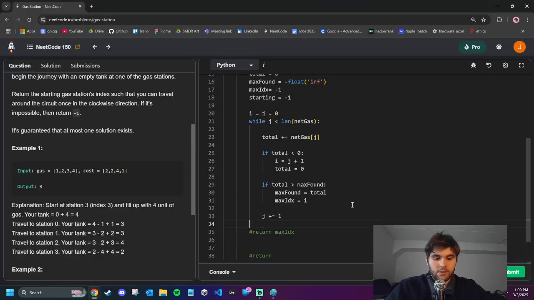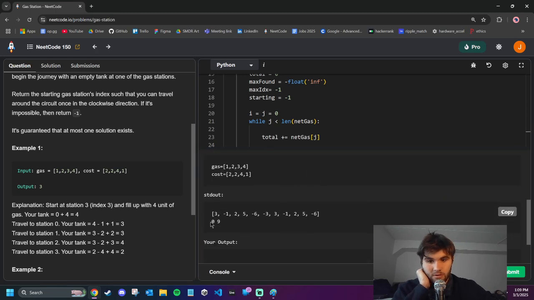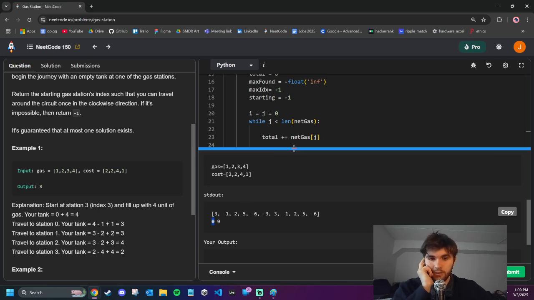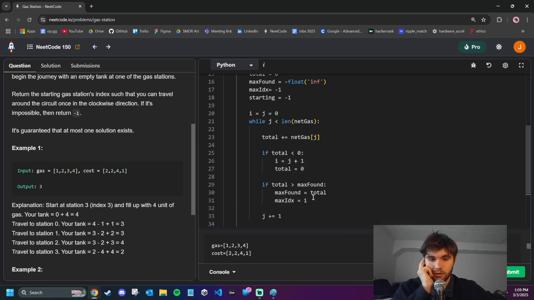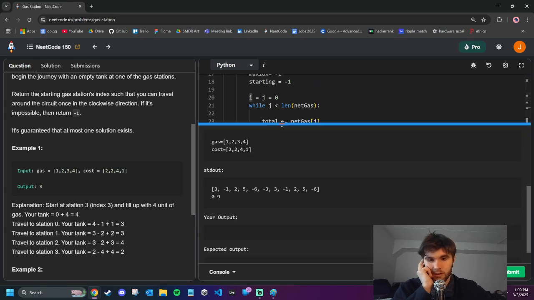So in this case, let me print max index and max found. So it says 0, and that has 9. And also I could print... zero has a cost of 9.